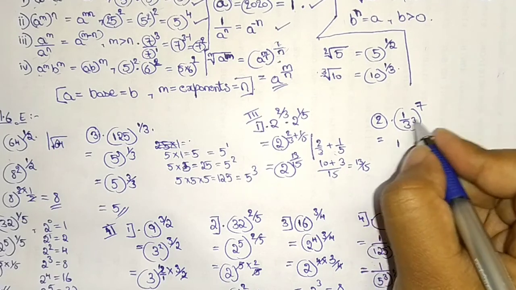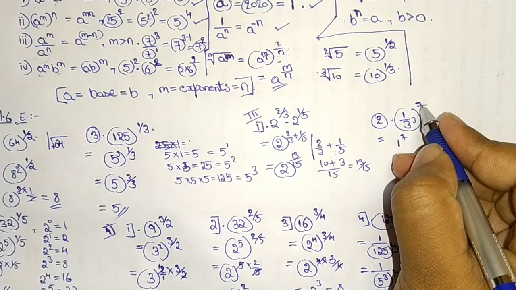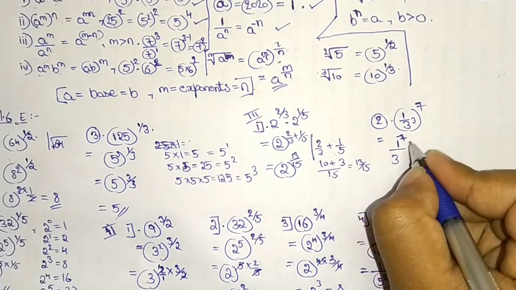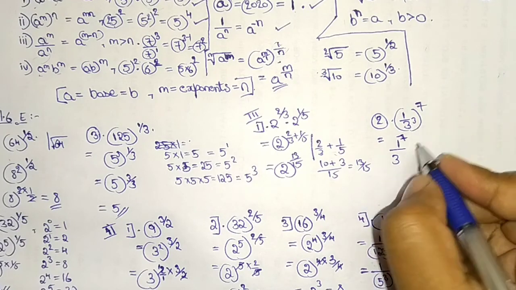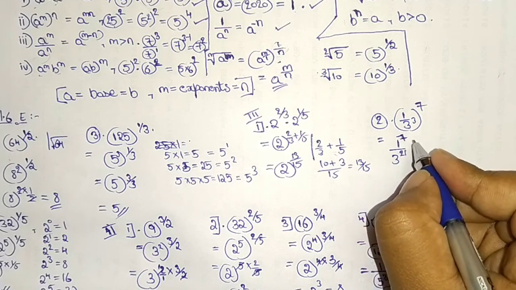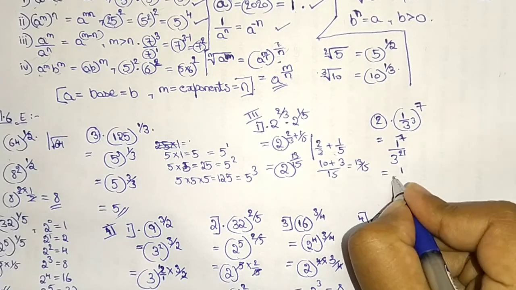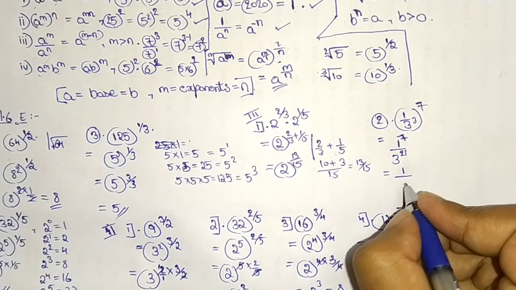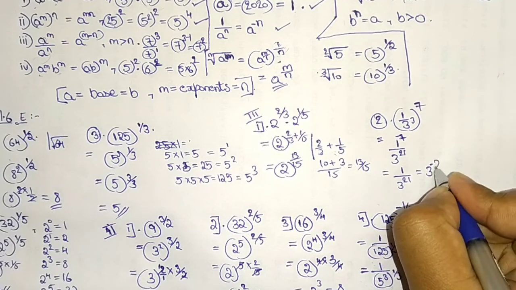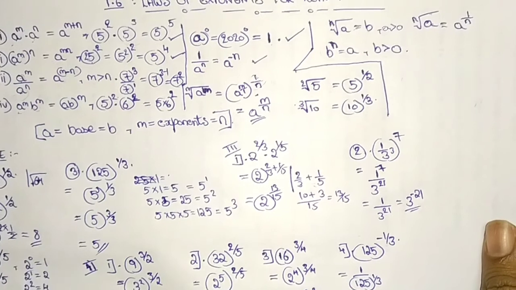If you take this outer power to the inner side, 1 power 7 divided by 3 power, already 3 is there, 3 into 7 is 21. 1 power anything can be written as 1 only. So 1 power 7 is 1, and 3 power 21 is the answer. You can also write this as 3 power minus 21. You will learn why this is.